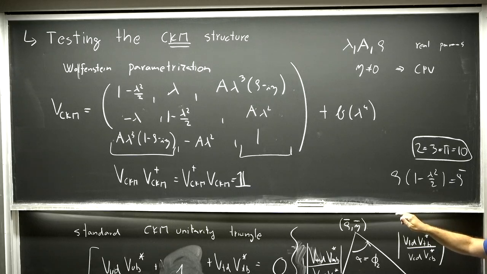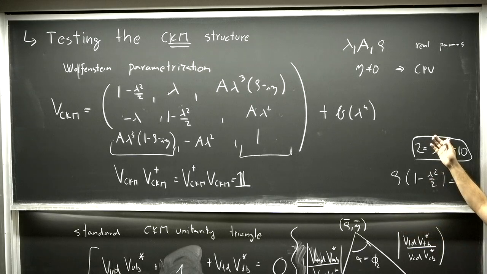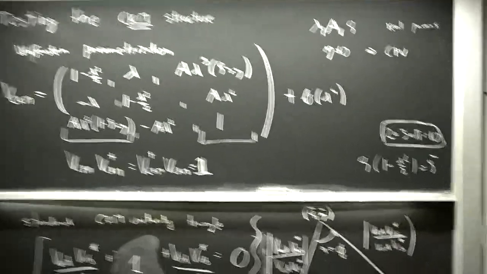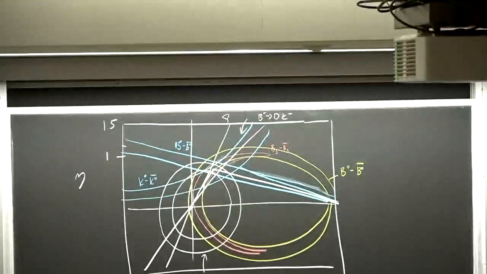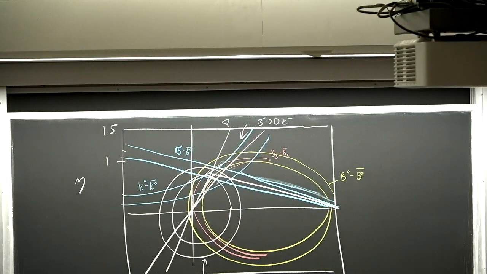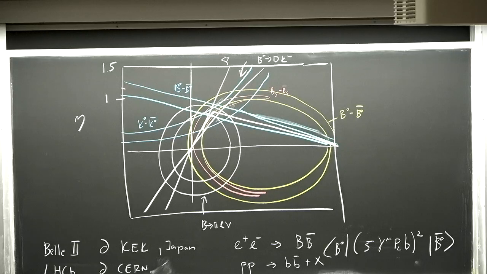But you're right, you ignore the higher order corrections, but they are much smaller than this area here, so it doesn't matter. At the end, what you're really plotting is not rho bar and eta bar, it's this. And this has no approximation, so that's what you're really plotting at the end of the day.